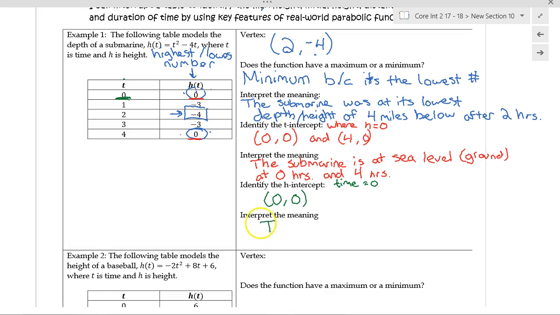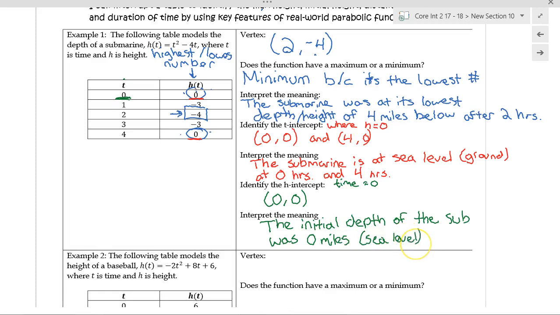So the initial, again, remember to use depth, be fancy. Depth of the submarine was 0 miles, also known as sea level. Alright, so that's it from a table.